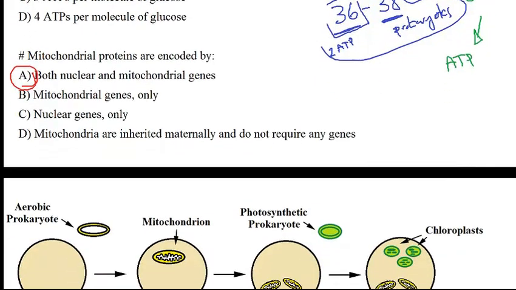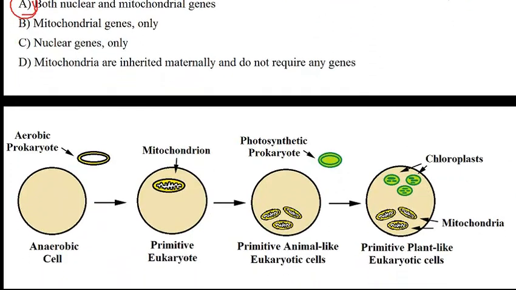So let me give you some background information. The primitive anaerobic cells, it's thought that from a symbiotic relationship with an aerobic prokaryote, they became primitive eukaryotes, where the aerobic prokaryote is functioning as a mitochondria for energy production through aerobic respiration. So therefore, these prokaryotes have their own mitochondrial genes.